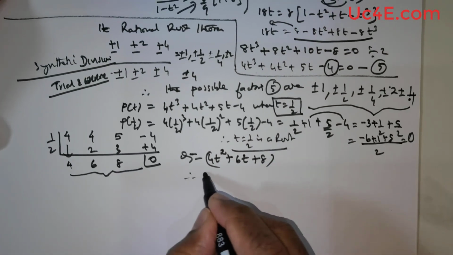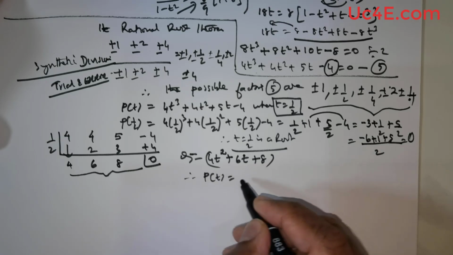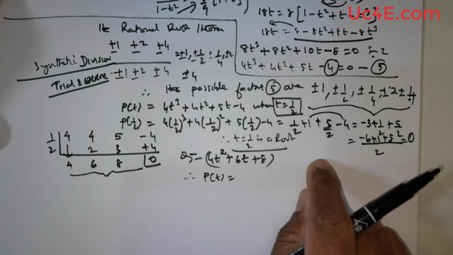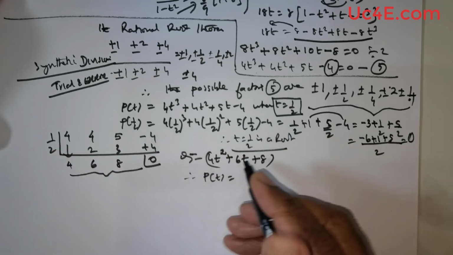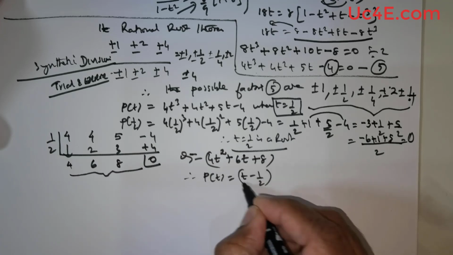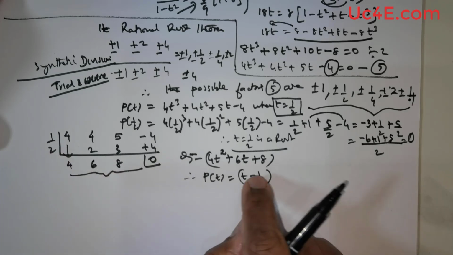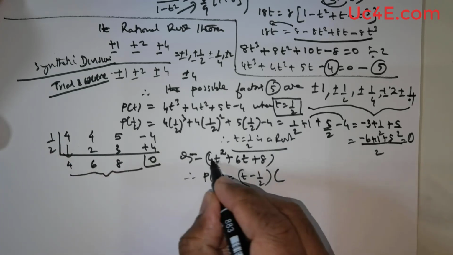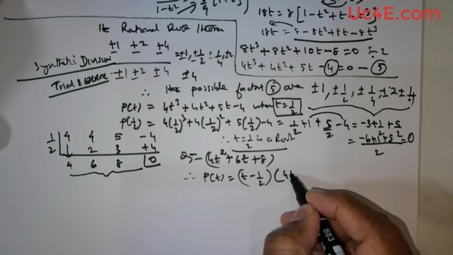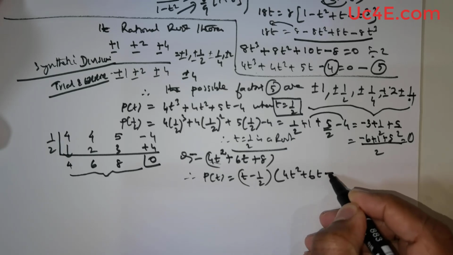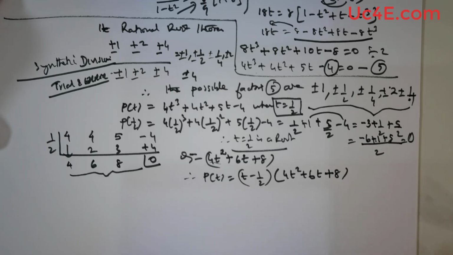So therefore, p of t can now be rewritten. t equal to 1/2 is a root, so t minus 1/2 is a factor. And the other quantity is 4t squared plus 6t plus 8. So this is what we've got.